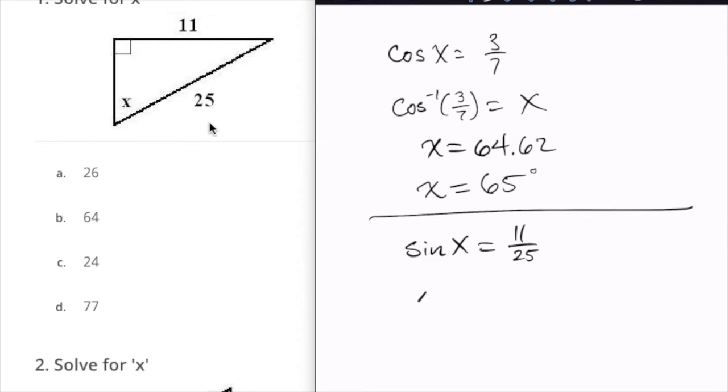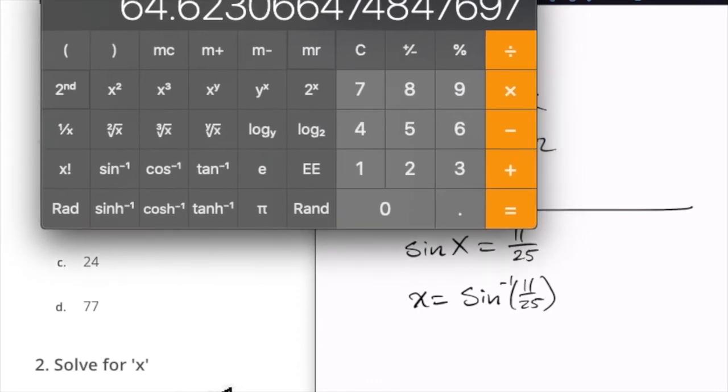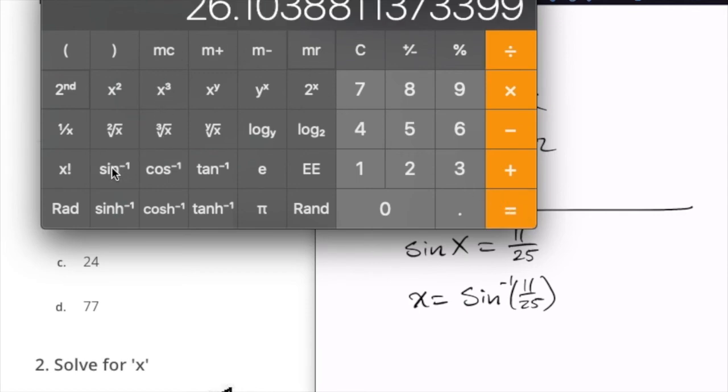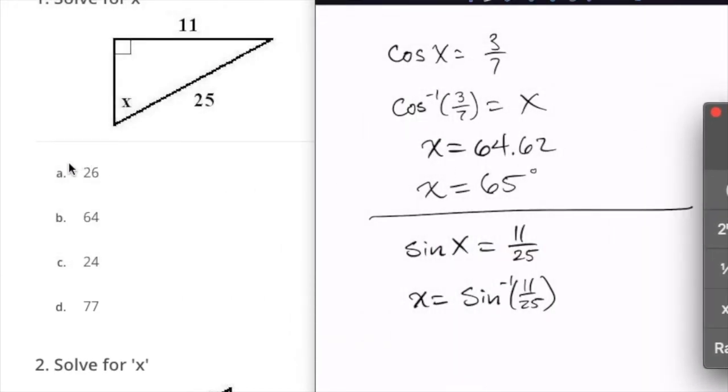If I wanted to know what x was, I could take the inverse sine of 11 over 25, which is the ratio. So we take 11 divided by 25 and take the inverse sine of it, and we get 26 degrees. Is that one of the choices? 26, that's A. We got it. So A is the answer to that one.